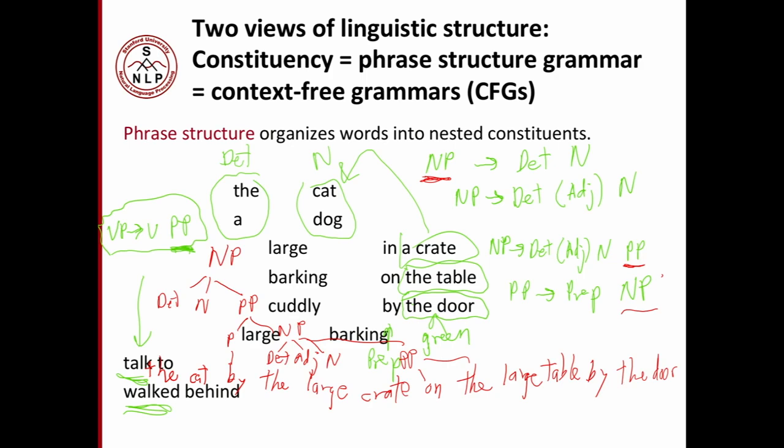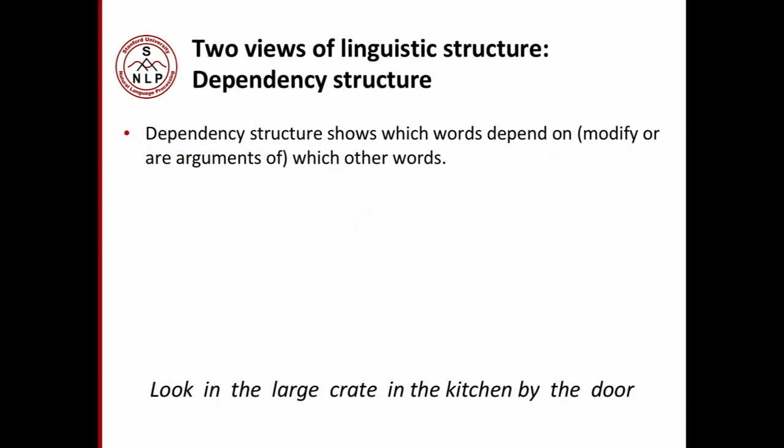And actually, this is the dominant approach to linguistic structure that you'll see if you go into a linguistics class in the linguistics department. People make these kind of phrase structure grammar trees. But just to be contrary, no, it's not actually just to be contrary, it's because this alternative approach has been very dominant in computational linguistics. What I'm going to show you instead is the viewpoint of dependency structure.